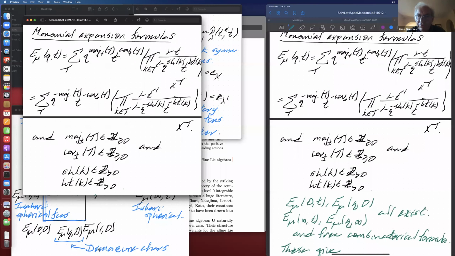It's the product over i less than j, such that mu i is bigger than mu j, of the numerator, 1 minus q to the mu i minus mu j, t to the v mu of i minus v mu of j minus 1, divided by the same thing without the minus 1.